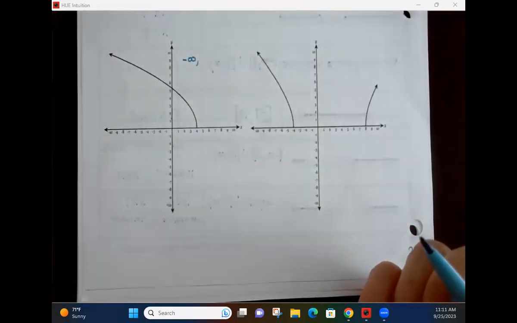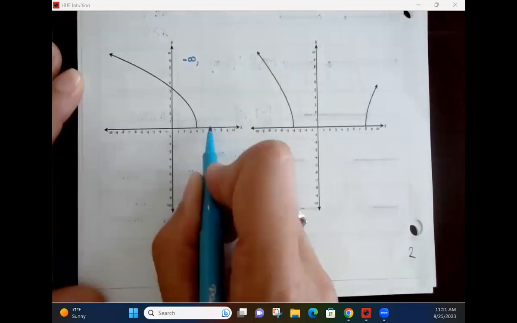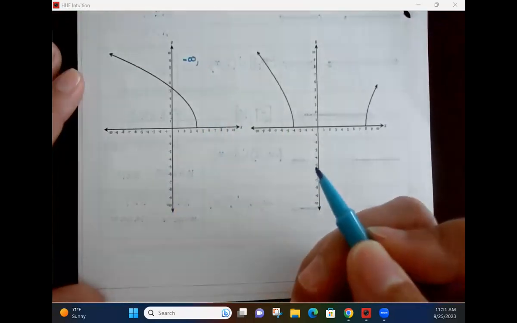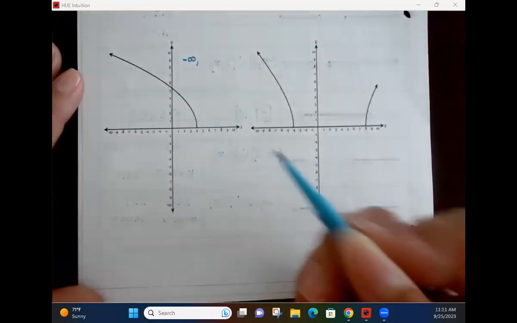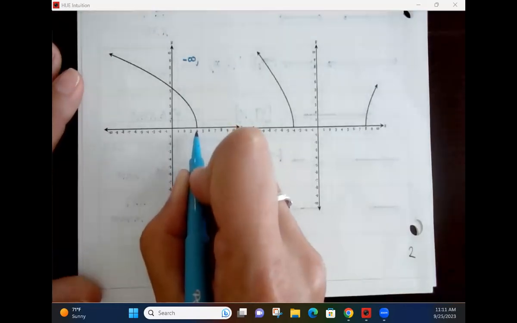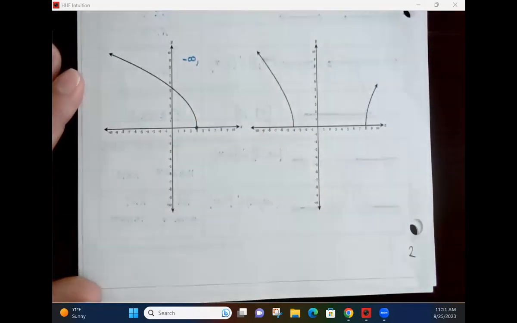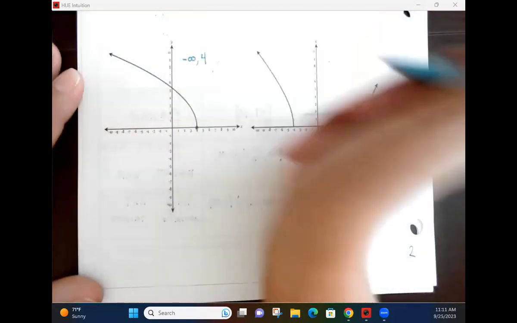So sometimes we get a little confused on if we're including that or not. Anywhere on a curve, if it's not an open circle, that means it's a closed circle. So here, even though it's not a big bolded point, since it's not an open circle, it's a closed circle at 4.